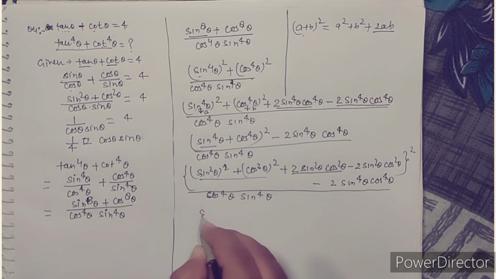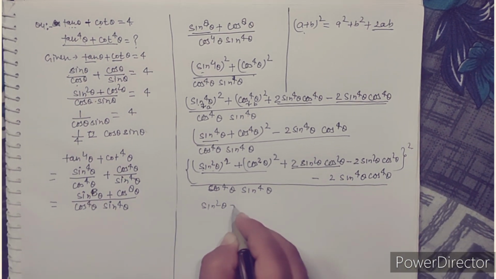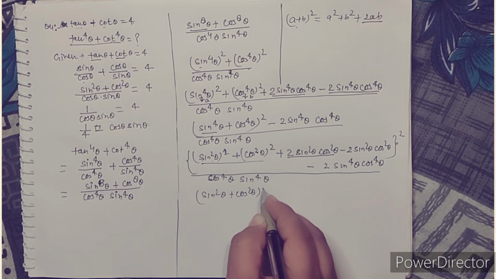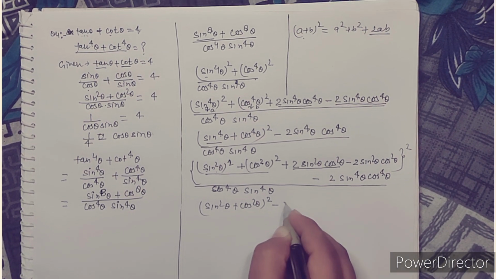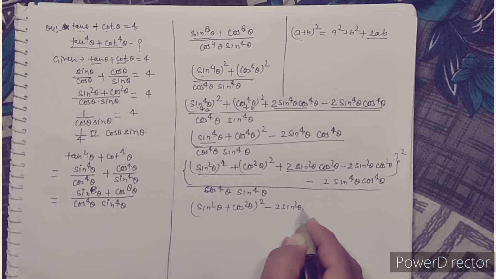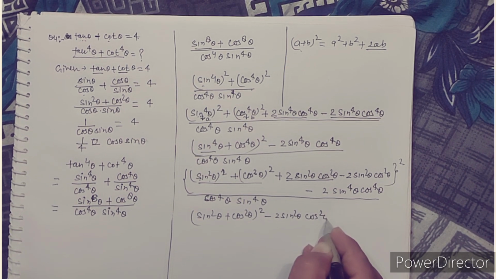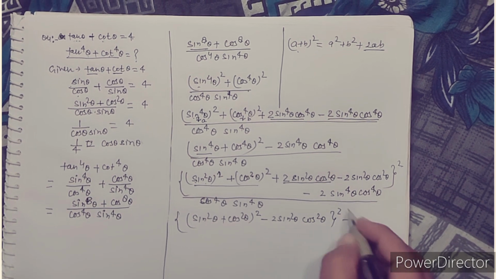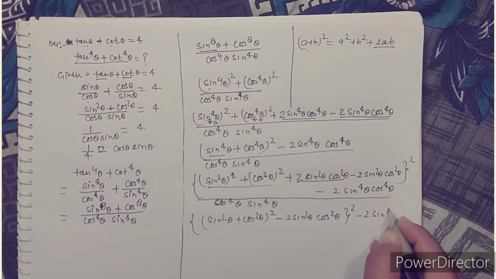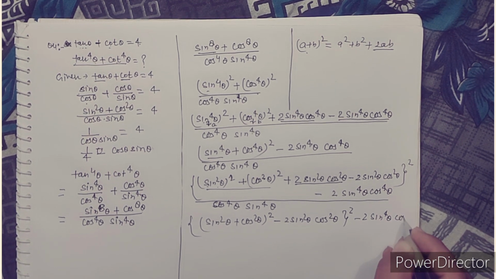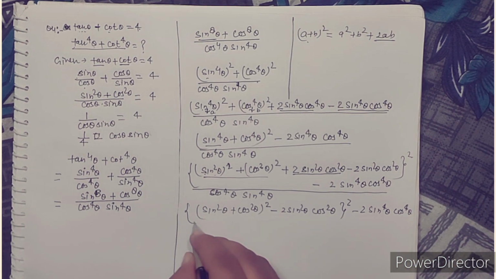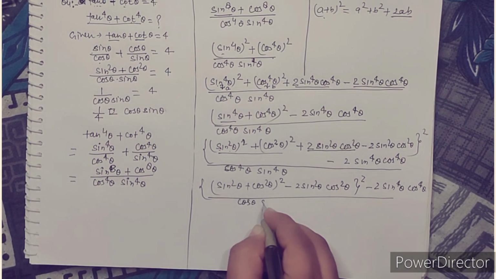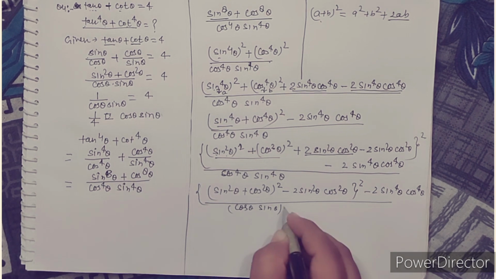So we can write (sin² θ + cos² θ) to the power 2 minus (2 sin² θ cos² θ) whole square minus 2 sin^4 θ cos^4 θ upon (cos θ sin θ) to the power 4.